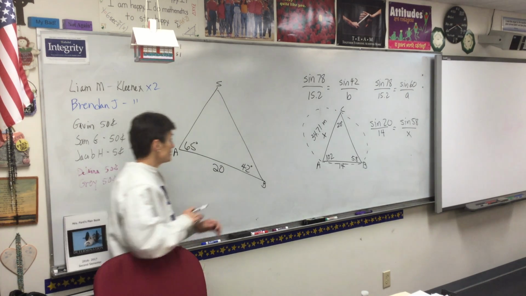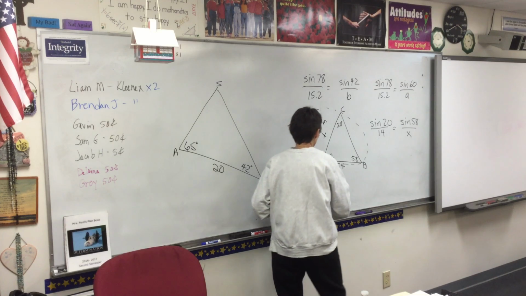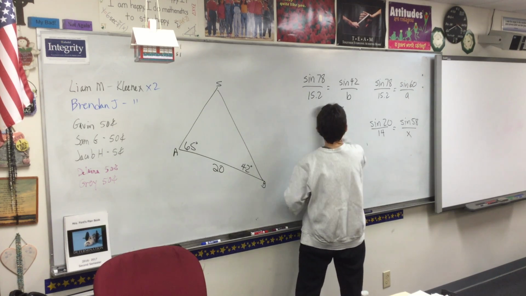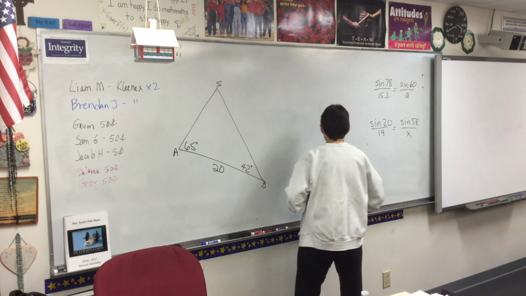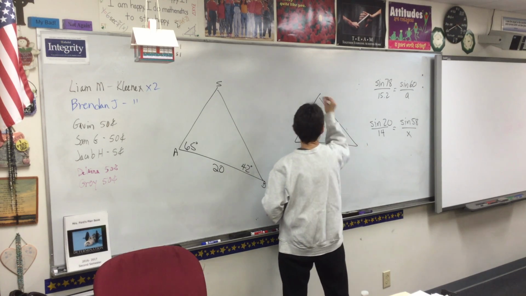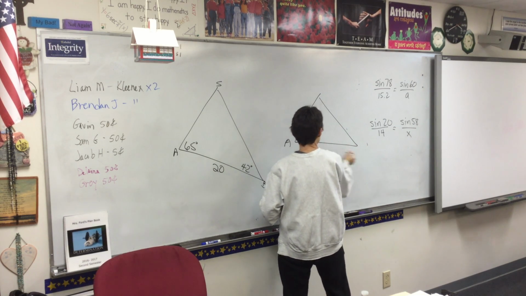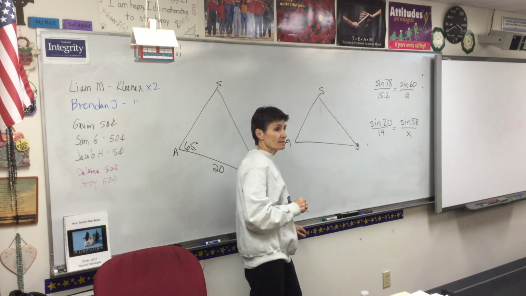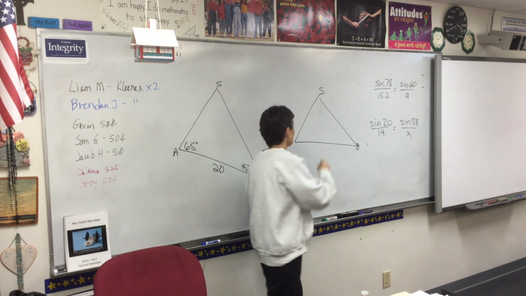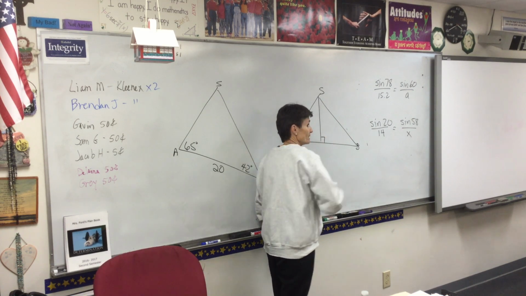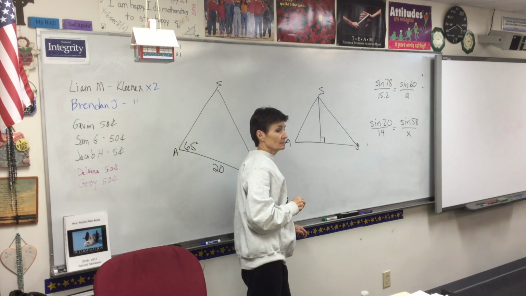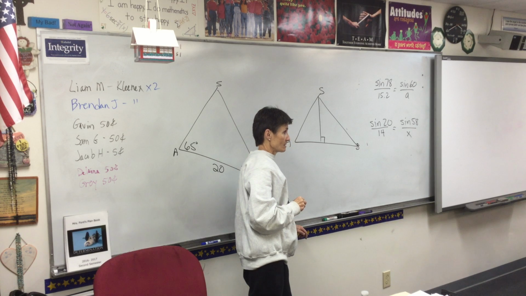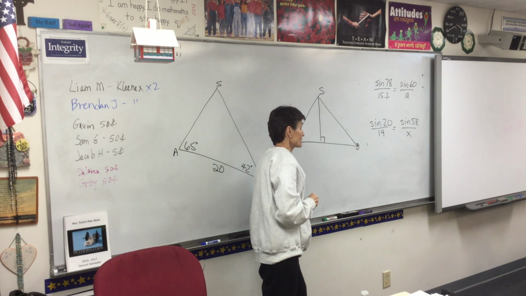If I said, let me draw another triangle. That triangle looked like this, standing straight up and down, and this was A and D, and this was S. And I said find the distance from S to AB. Wouldn't that be right there? When we talk about distance, we talk about the shortest distance, right?